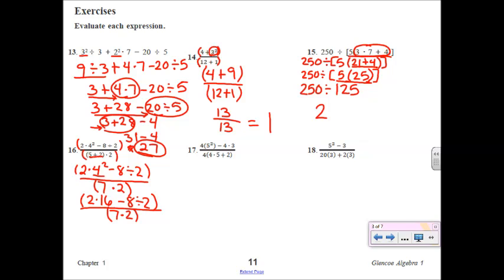After exponents, I do multiplication and division from left to right. So the first one I run into on the top is 2 times 16. And the first one I run into on the bottom is 7 times 2. So 2 times 16 is 32. And then 7 times 2 is 14.